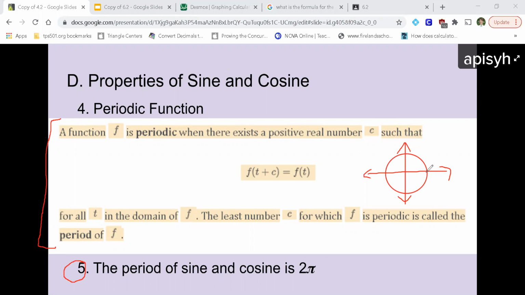Same as 4 pi to 6 pi, 6 pi to 8 pi. Every time you go 2 pi around the circle, you've made it back to the beginning and you start repeating your answers again.